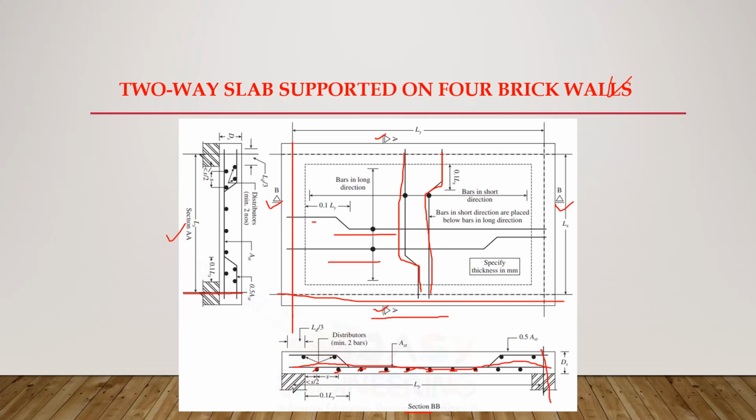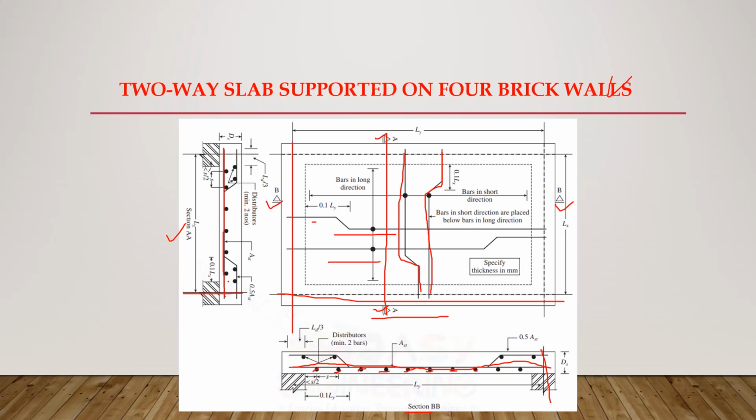So in section BB, these bars in the shorter direction are seen as dots, and in section A, this is the bar in the shorter direction because this is the section along AA, and the dots above this bar are the bars in the longer direction.